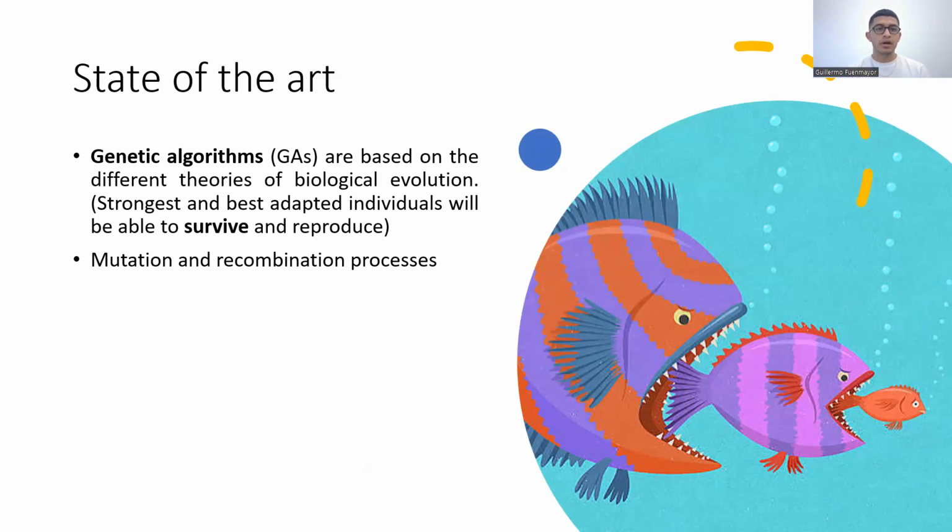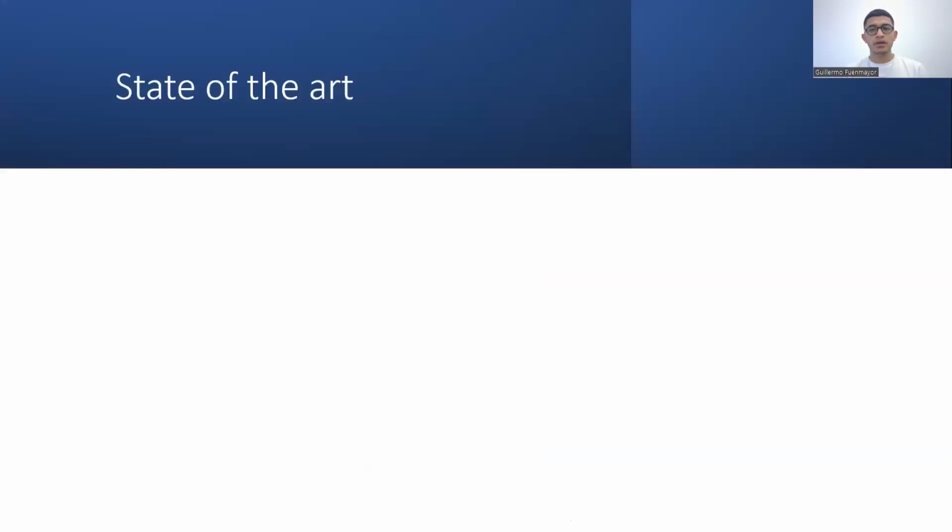Also, through mutation and recombination processes, these individuals become the progenitors of a new generation. These new individuals will now compete among themselves, resulting in an increase of population quality.